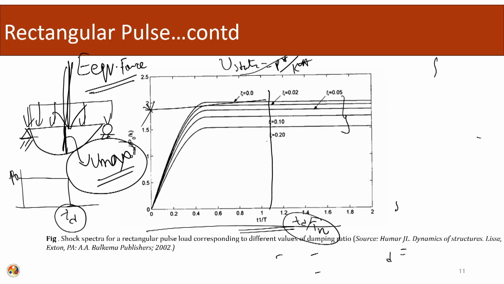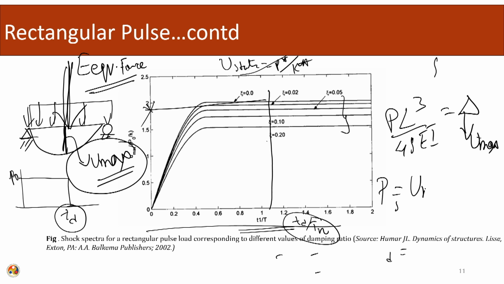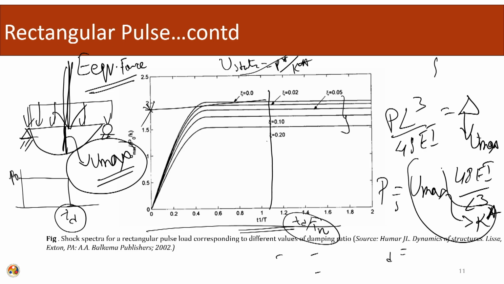We know the deflection equation: for this particular case PL cube over 48 EI will be my deflection. So we put this as U max. P will be equal to U max times 48 EI over L cube, which is nothing but my K star. So U max times K star will be my P equivalent force.